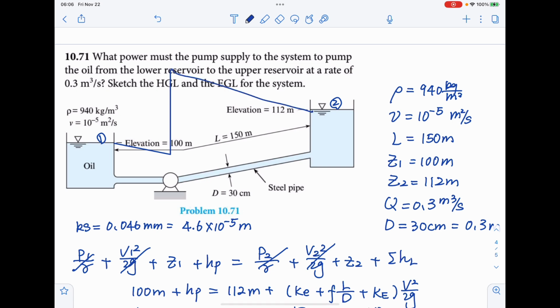And the line will go down to the water surface again. And the hydraulic grade line will have the difference of V squared over 2g, something like this, and go up. And the velocity is the same, so it should have the same spacing. Okay. So the two lines should be something like that.